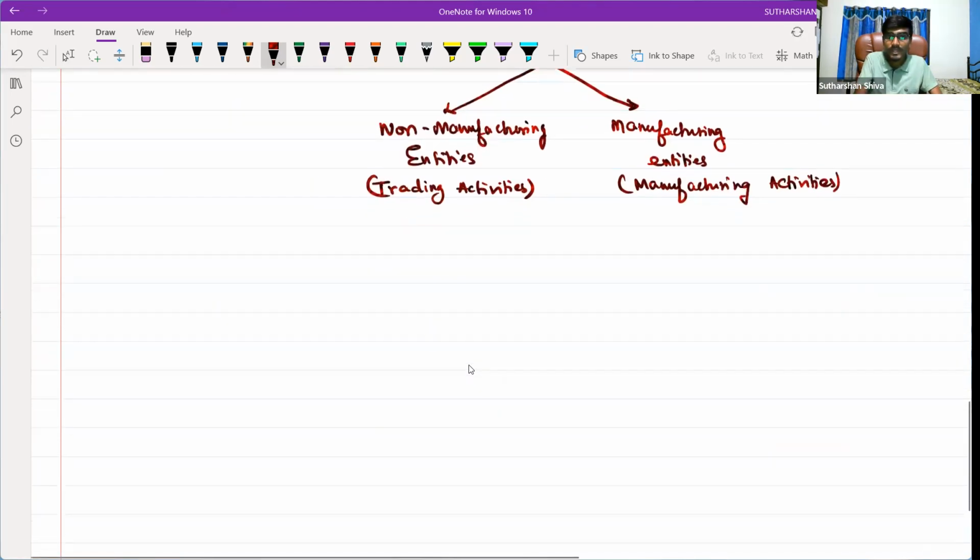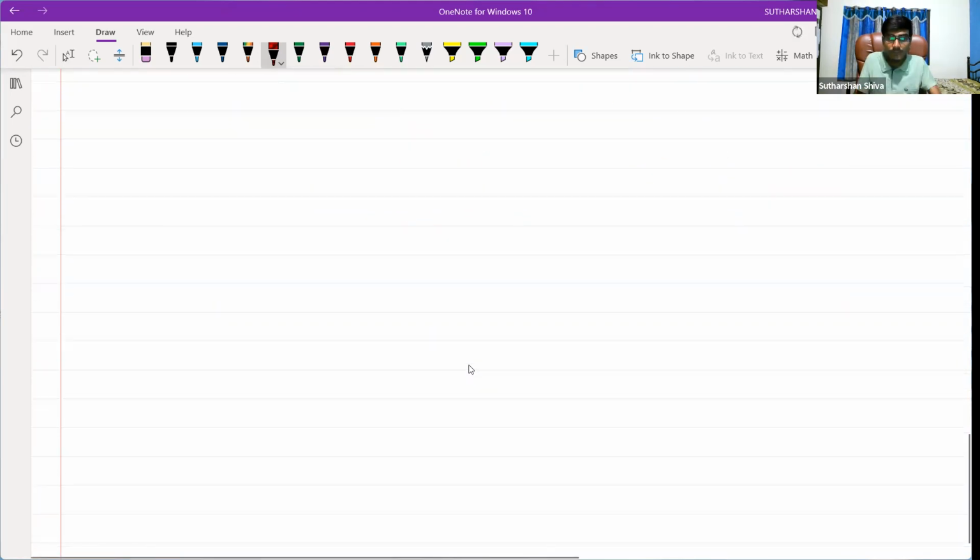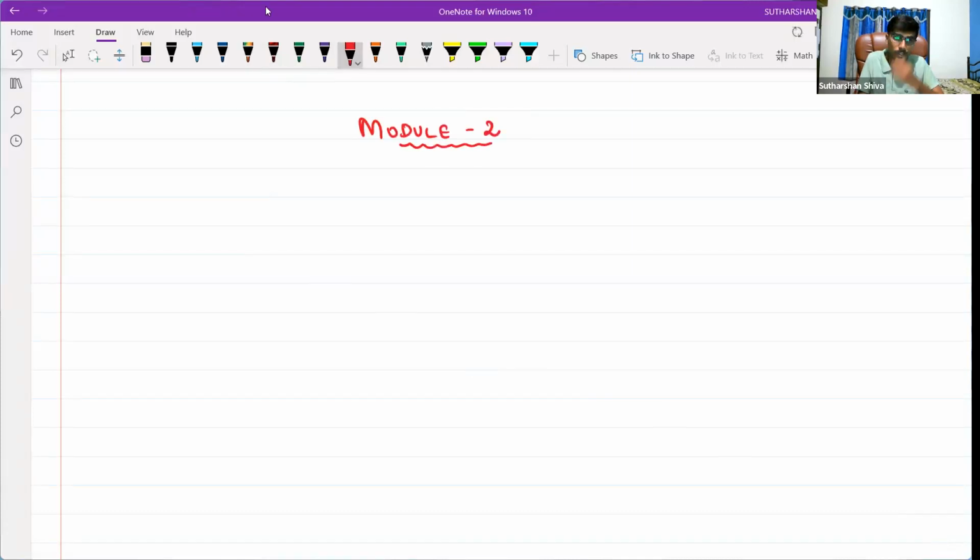Then we step to module 2. In module 2, you have very simple 4 chapters.